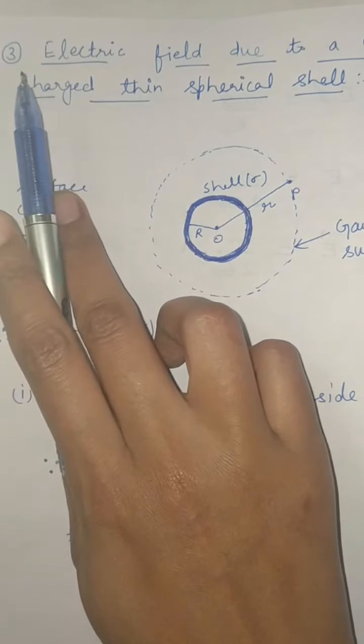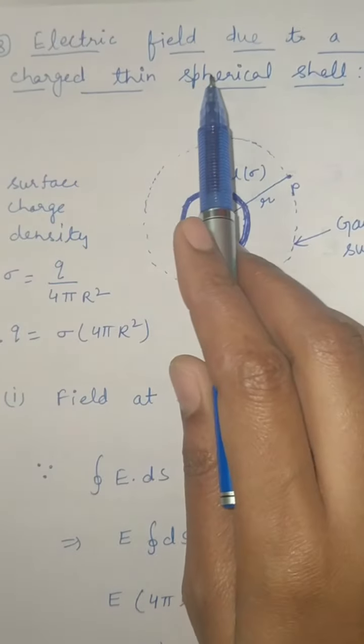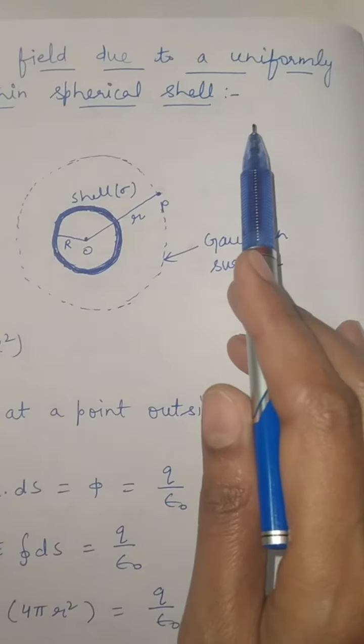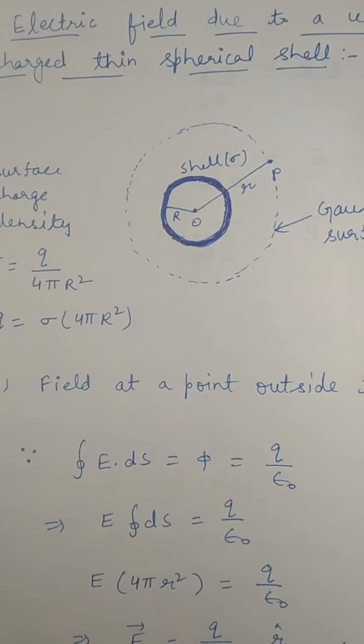Now the third application of Gauss's law is we can calculate the electric field due to a uniformly charged thin spherical shell.